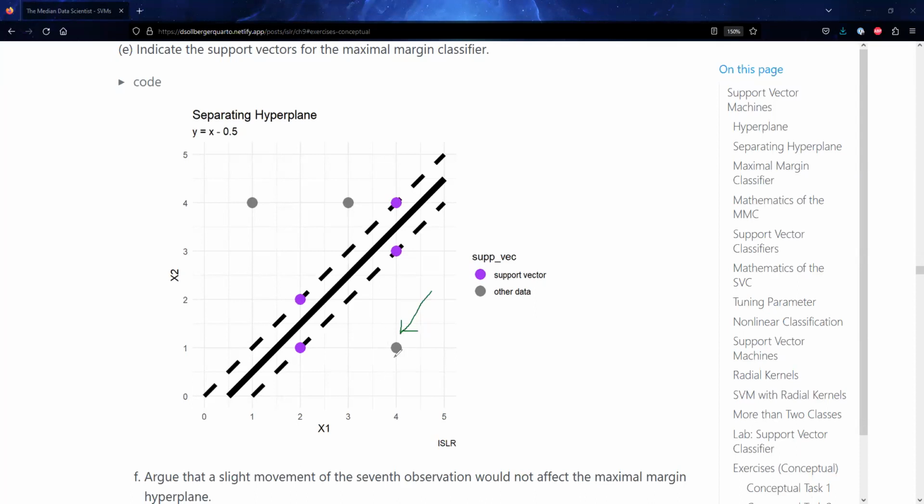And if it moves slightly, if we had it over here or maybe over here, the calculations that we discussed last week would say that the separating hyperplane would still be in the same location, because this data point would not be a support vector.